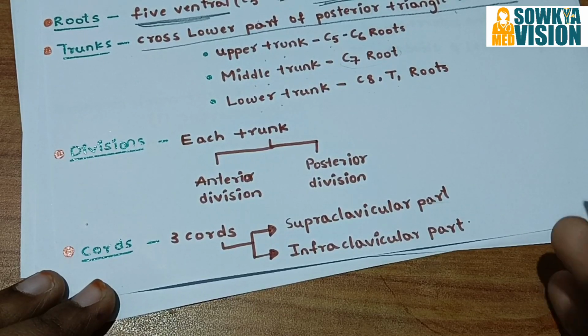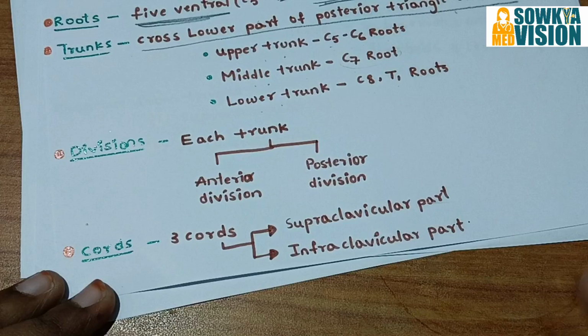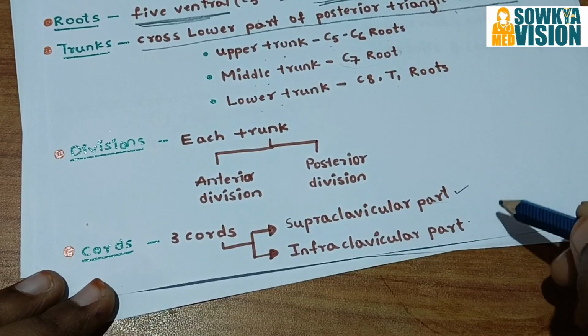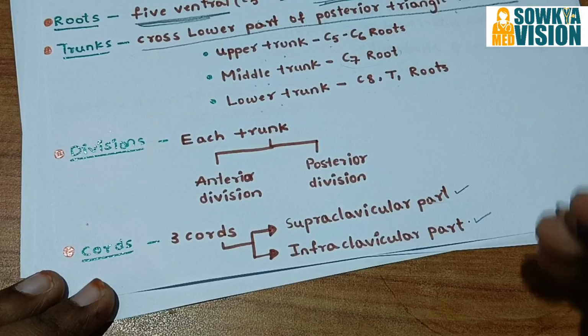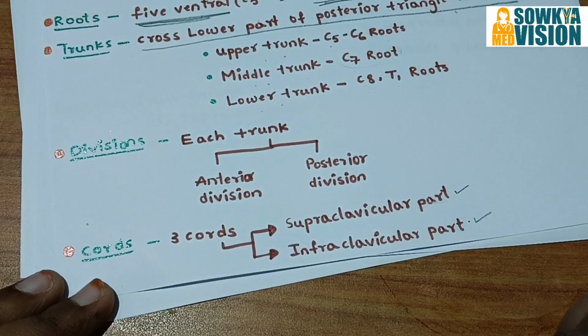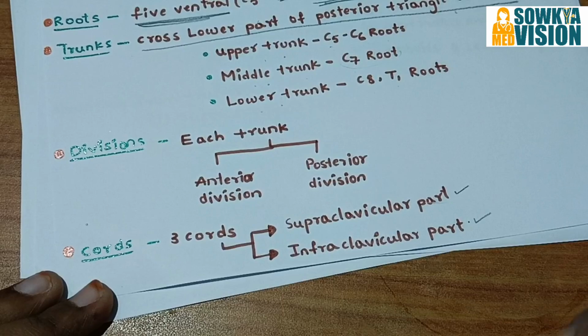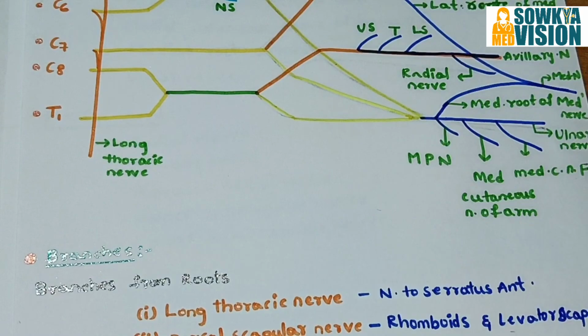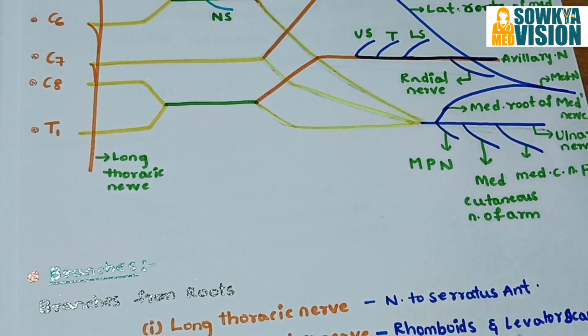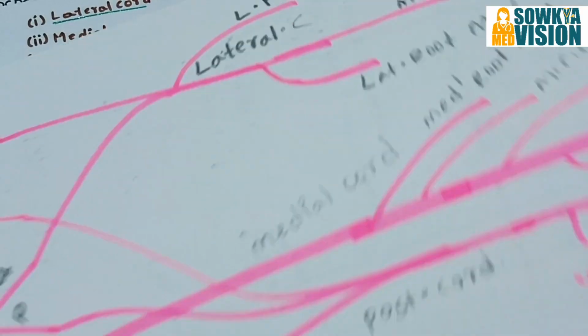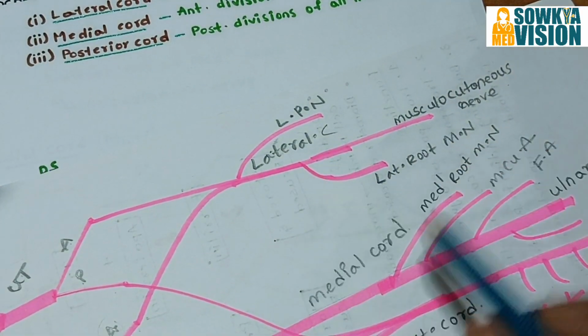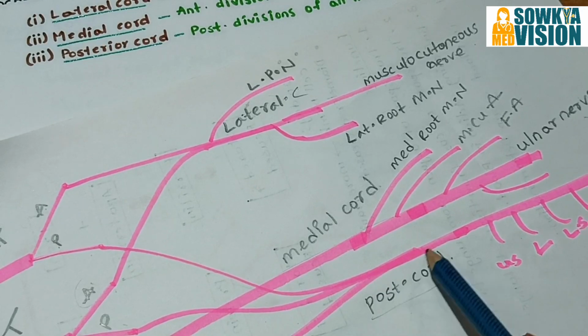Lateral, medial and posterior cords. They are distributed as supraclavicular and infraclavicular based on their position. Supra means above the clavicle, infra means below the clavicle. Now, let's see the cords. What are the cords? Lateral cord. See, this is the lateral cord. This is the medial cord and this is the posterior cord.